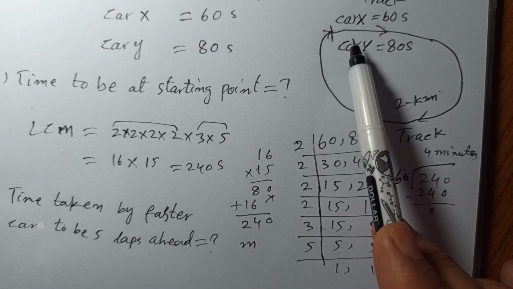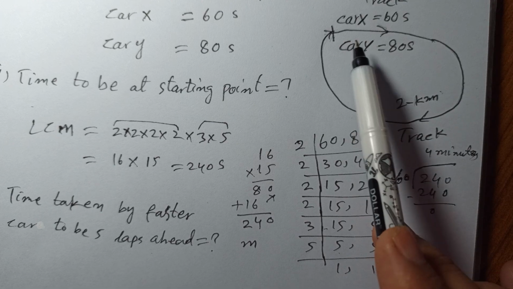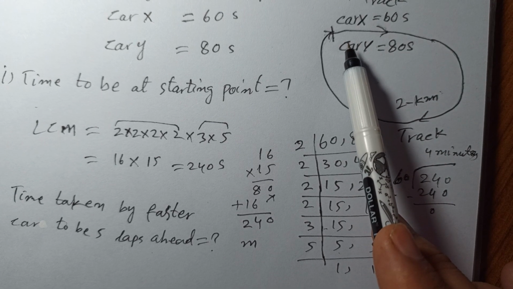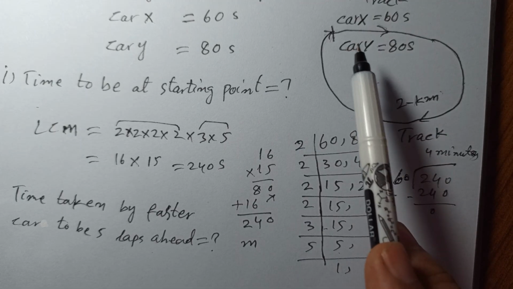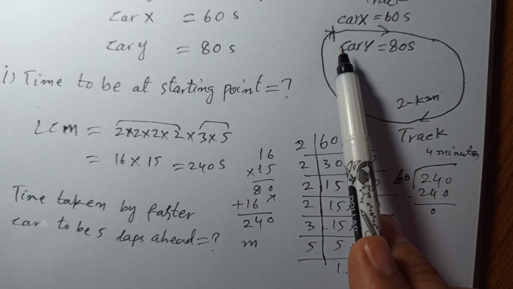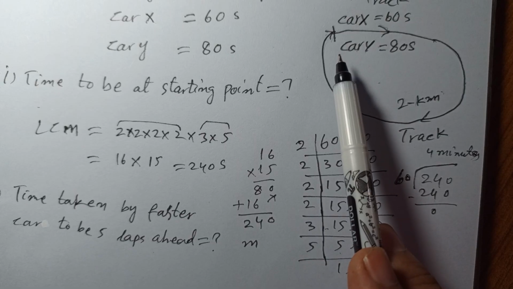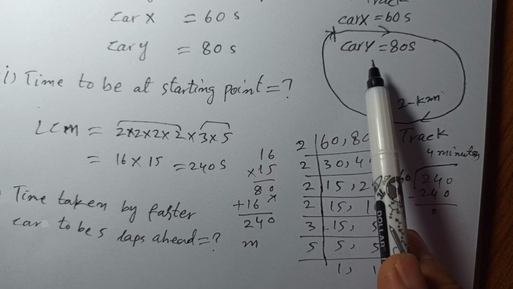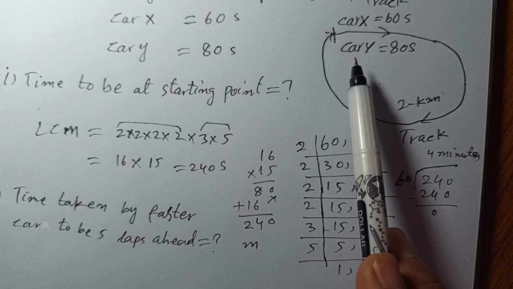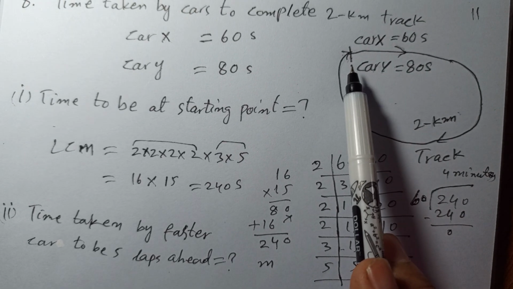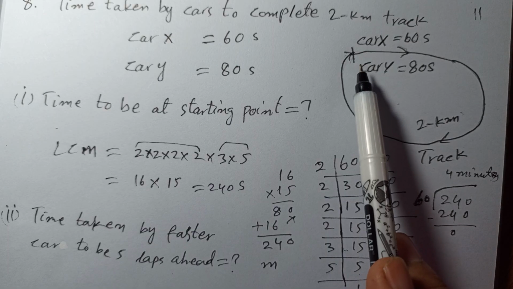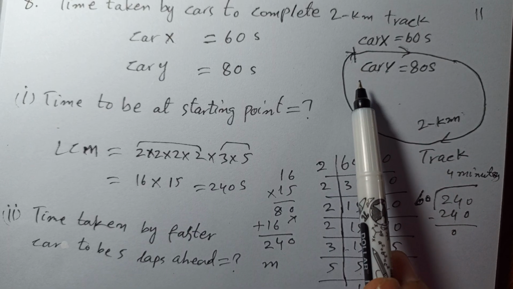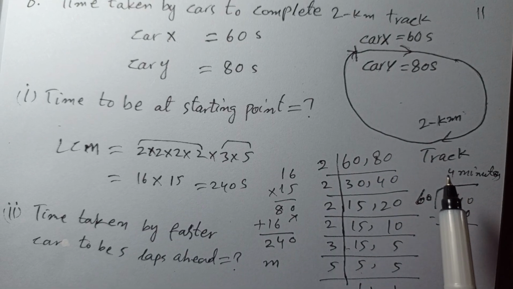In the first race car X has won and car Y has lost, and now they are starting the second race. Car X has covered one loop more than car Y. Therefore they are at the starting point at the same time, and both have spent 240 seconds or 4 minutes.